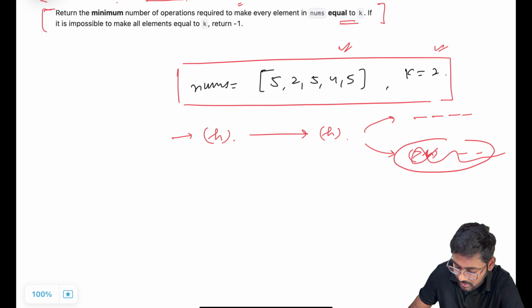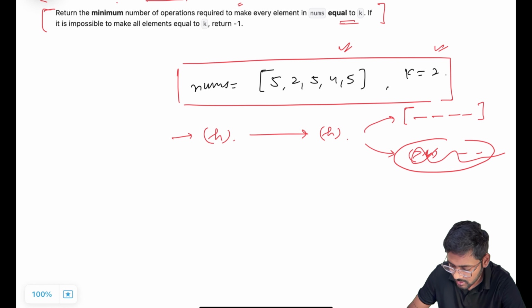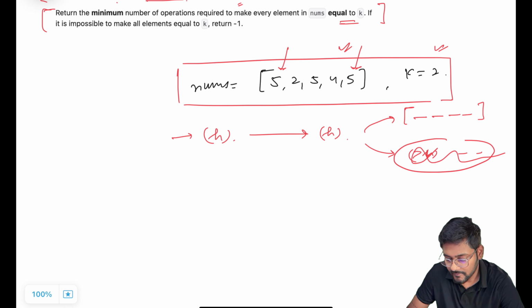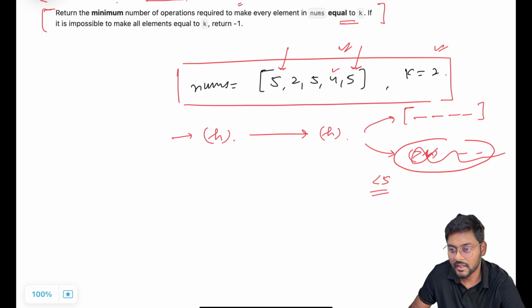So we have to choose a value which is greater than h. So here in this case, what is the biggest value? 5. Because we will be choosing in such a way that there is only one type of value greater than h. So h should be less than 5, and it should not be less than 4, because 4 is the second biggest value, right?